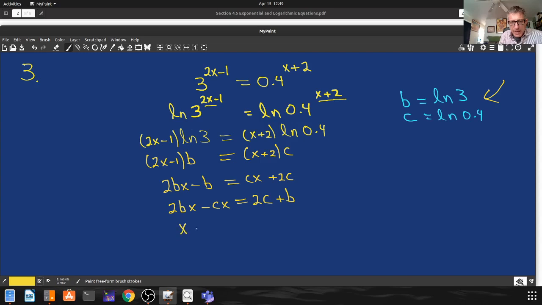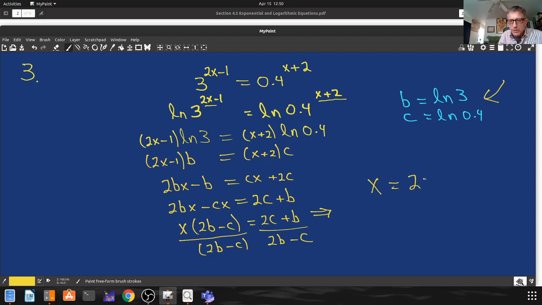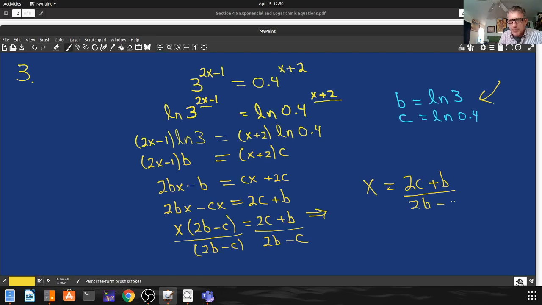So this gives me x times 2b minus c is equal to 2c plus b. And now all I have to do is divide both sides through by 2b minus c. So I get x is equal to 2c plus b over 2b minus c.